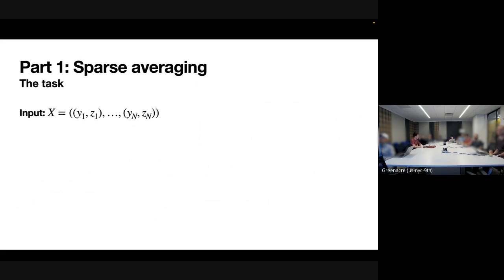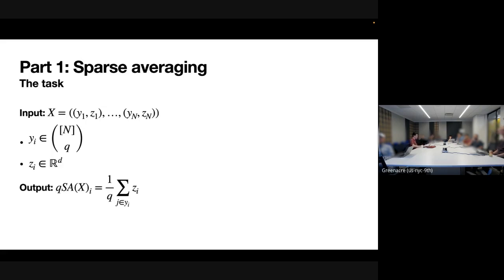So what's the task? We think of the input as a sequence of pairs, where each y_i is a q-length subset of the integers between 1 and n. Here n is the total length of the sequence, and each y_i tells me a subset of the other sequence elements to pay attention to, and the z_i's are vectors.